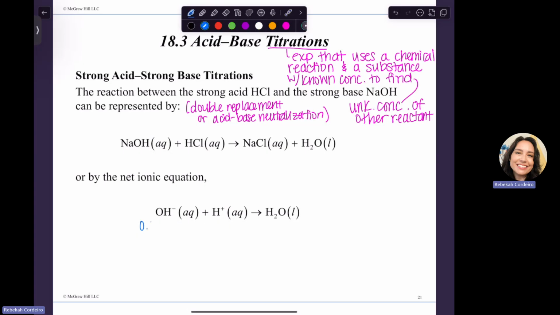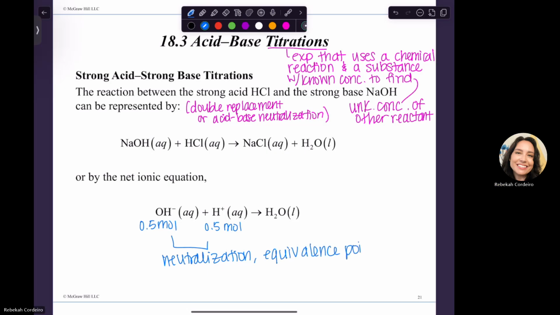If this is 0.5 moles, then this would be 0.5 moles when we get to that neutralization point. We call this point at neutralization the equivalence point. It's when the moles of hydroxide equal the moles of hydrogen ion.